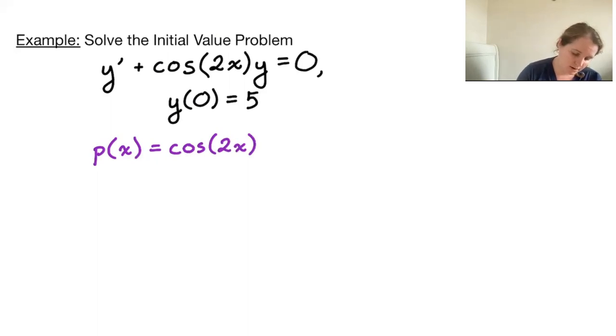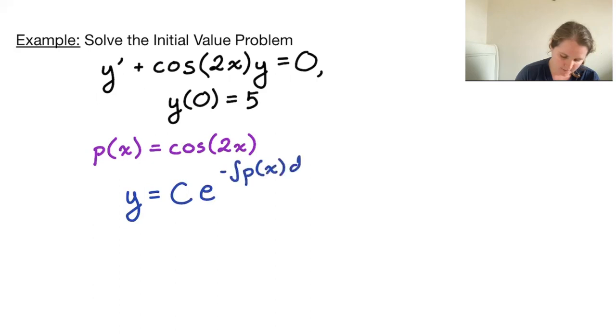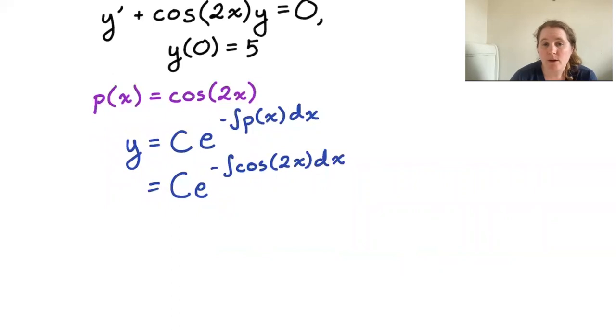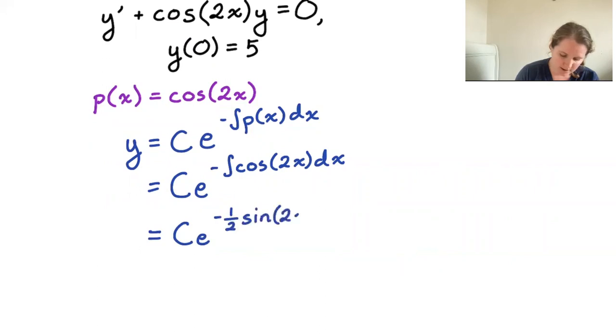We are looking at y is equal to capital C e to the negative integral of p of x dx, or y is equal to capital C e to the negative integral of cosine of 2x dx. Well, the integral of cosine of 2x is 1/2 sine of 2x. So we are looking at C e to the negative 1/2 sine of 2x. The plus c is already in the formula, so we don't need to write our plus c. So this is our general solution.